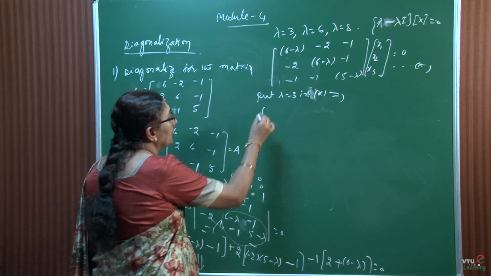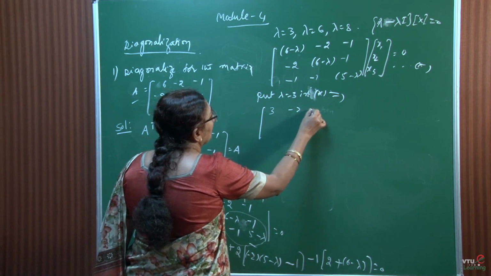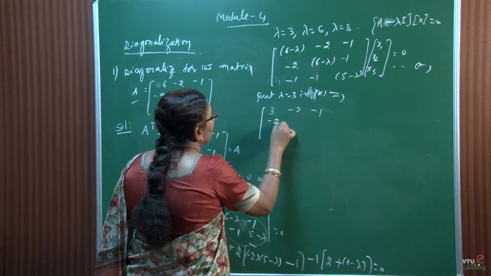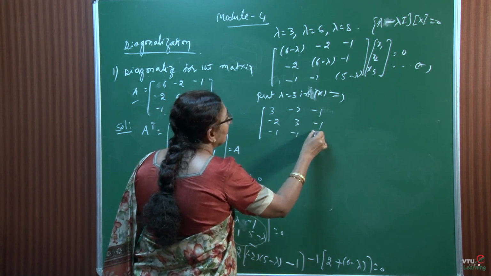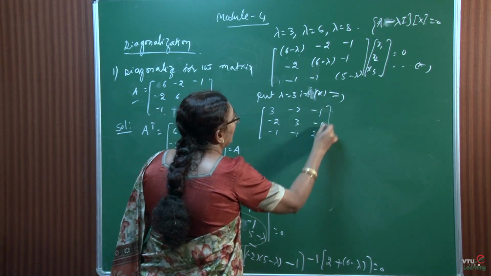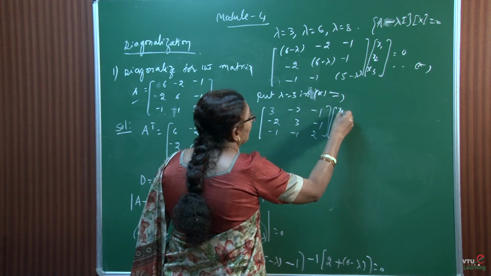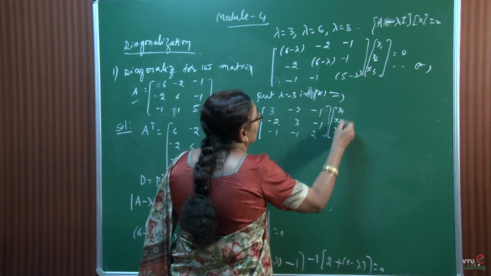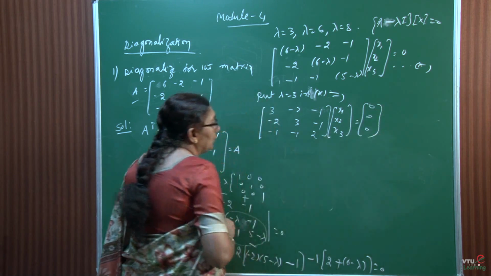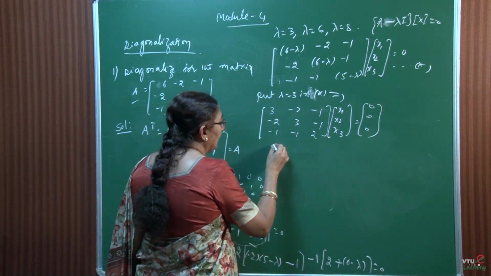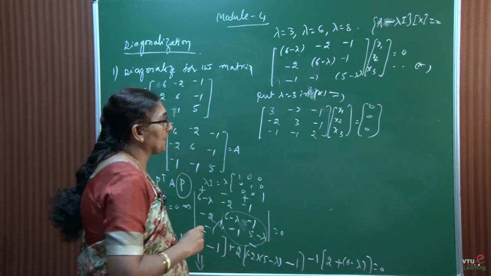6 minus 3 is 3, minus 2, minus 1; minus 2, again we get 3, minus 1; minus 1, minus 1, 5 minus 3 is 2. Times x1, x2, x3, equal to 0, 0, 0. Now I have to multiply. After the multiplication, equate both sides, row into column.